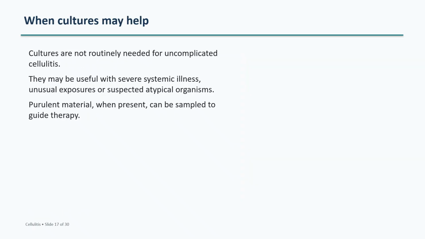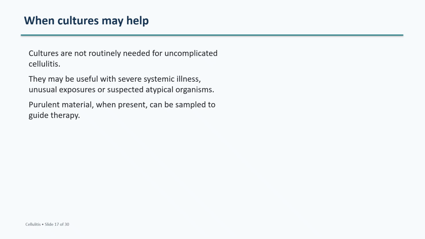When may culture help? Cultures are not routinely needed for uncomplicated cellulitis. Cultures are usually not required when this is uncomplicated cellulitis. This may be useful when severe systemic illness is present, when there is an unusual exposure, or when atypical organisms are suspected.